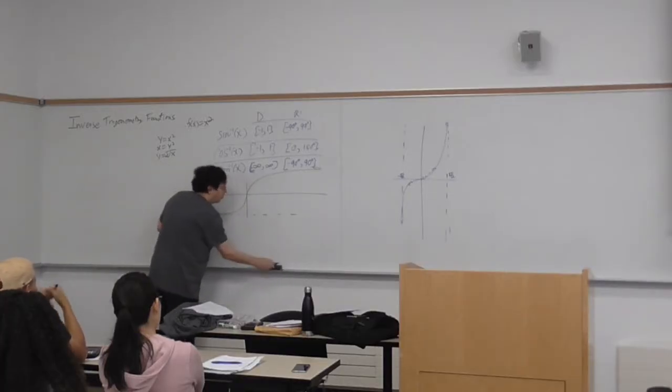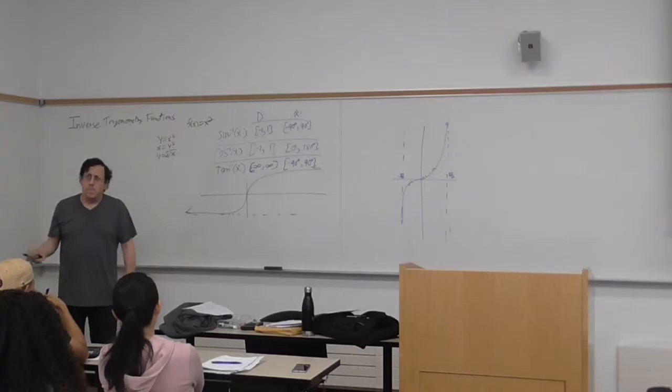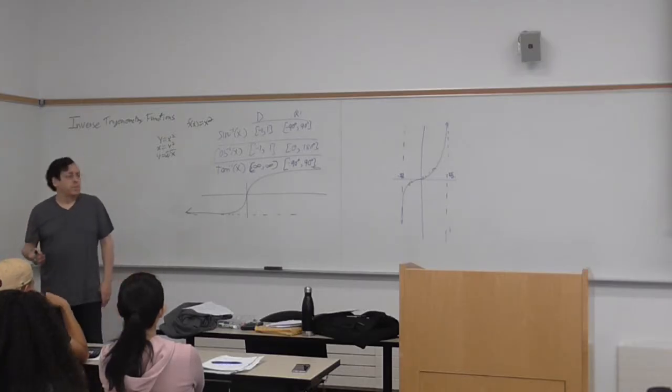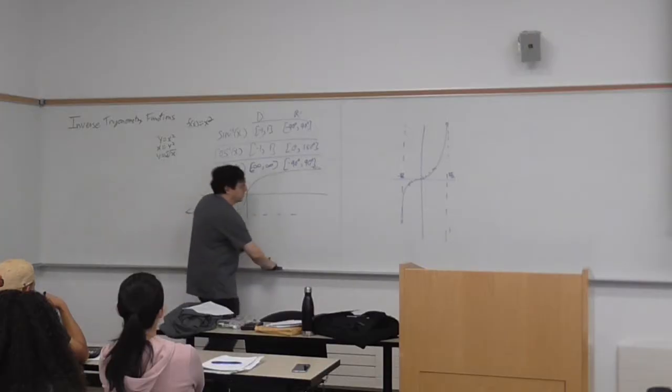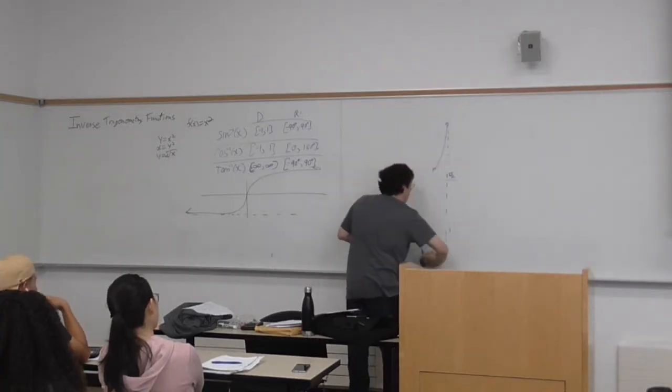Okay, these are the three main inverse functions you need to know about. The other three functions have inverses too. They're a little more complicated. Let's first look at the inverse cotangent function.